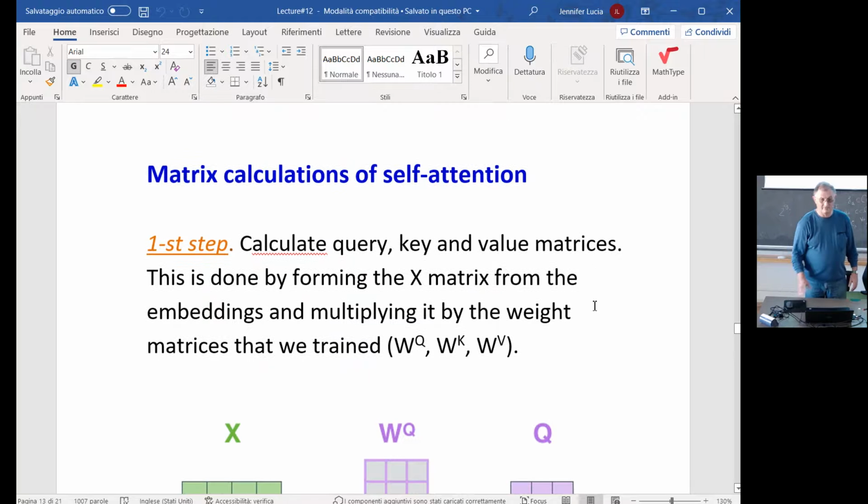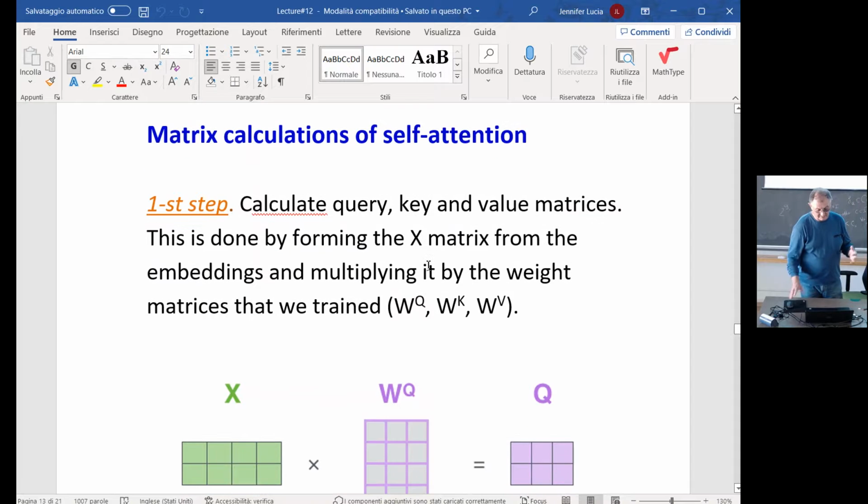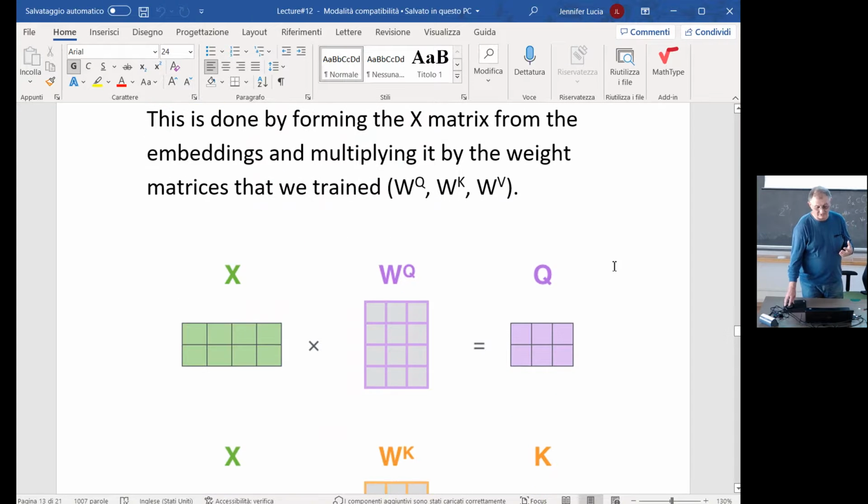So now we have seen it as a vectorial calculation, but now let us take it together as a matrix calculation. Matrix calculation is very good because it can parallelize our calculation.